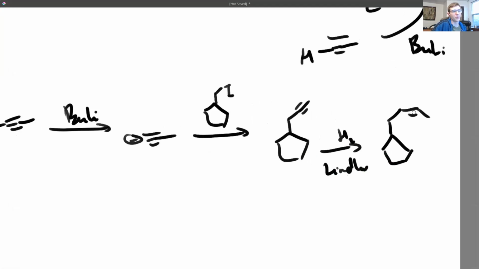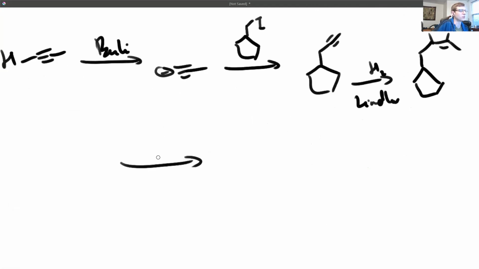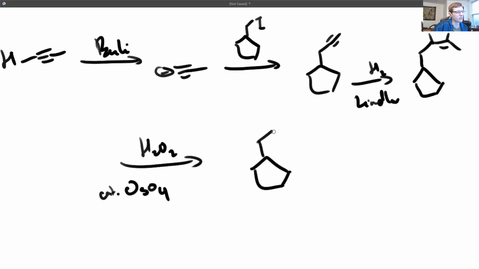That gives us our cis double bond. Okay, and from there, syn dihydroxylate it till we're done. So H2O2, then catalytic osmium tetroxide, and okay, we're done. We made it.